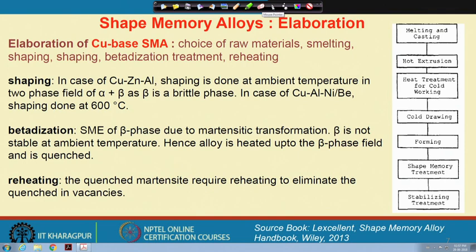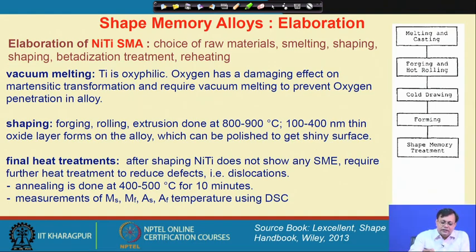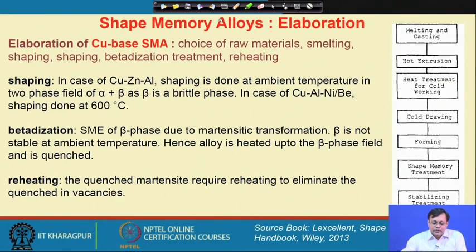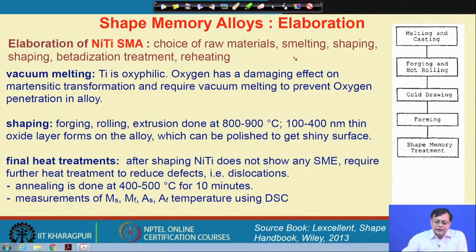Now, let us discuss another very important non-ferrous shape memory alloy system, the nickel titanium alloy. In case of nickel titanium alloy, the choice of raw material, smelting or shaping, betterization and reheating, these points are not required like in case of a copper based shape memory alloy.